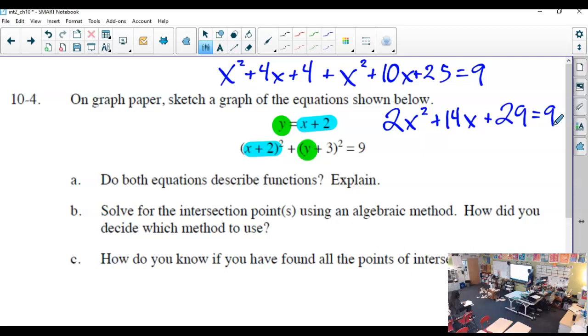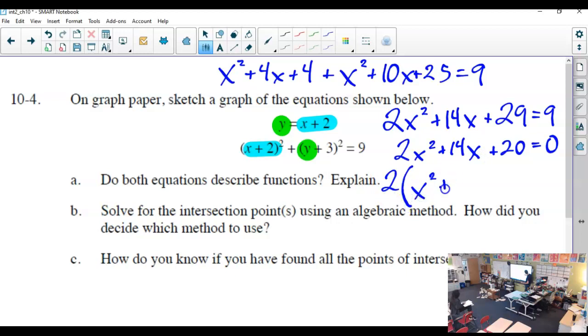Or if I subtract 9, I can turn this into a quadratic. That's true. So I subtract 9, I could do 2x squared plus 14x plus 20. And then you can divide the whole thing by 2. We factor out a 2. And then, okay, wait. 2x squared plus 7x plus 10.